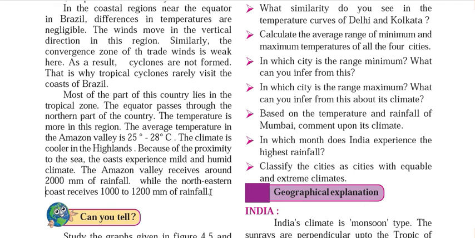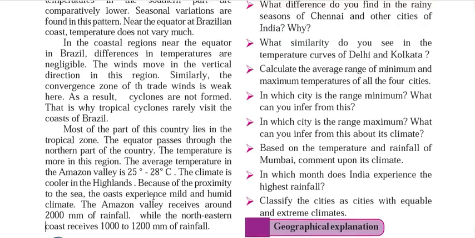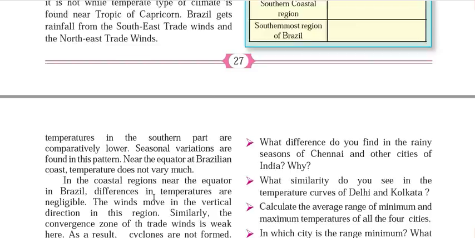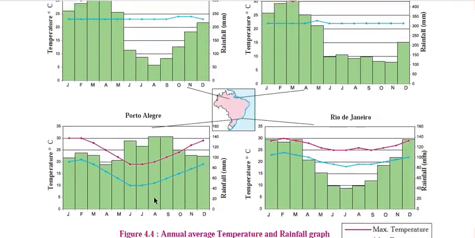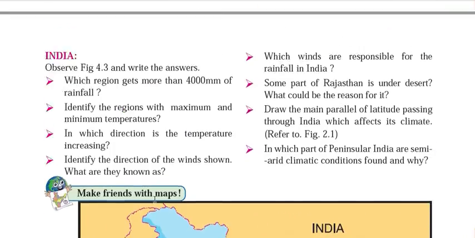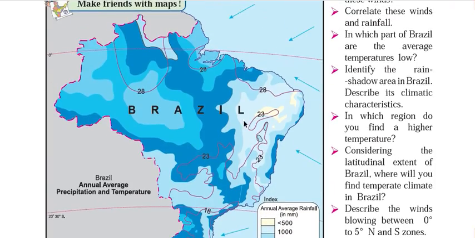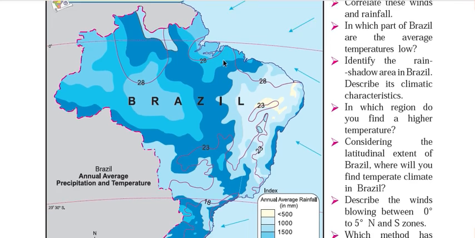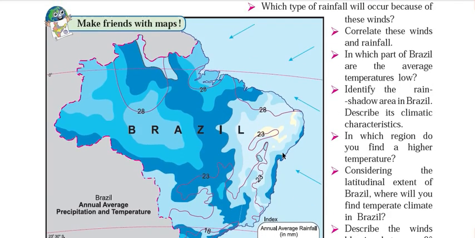Then the northeastern coast receives 1000 to 1200 mm of rainfall. Let's see here, this is the northeastern coast. Here rainfall is comparatively higher than in this part.